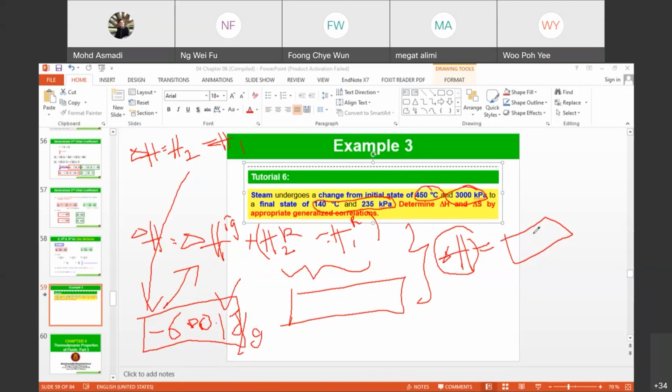Okay, how about delta H? Anyone? Nur Umairah, are you there? Umairah ada tak? Umairah tak ada. But you scan attendance, so saya akan pangkah tau. Nama awak Nur Umairah.